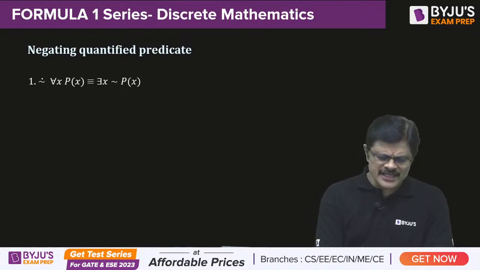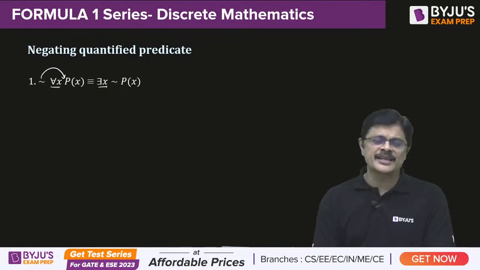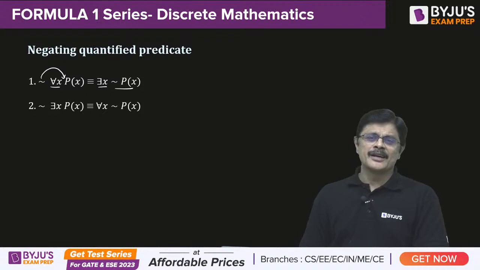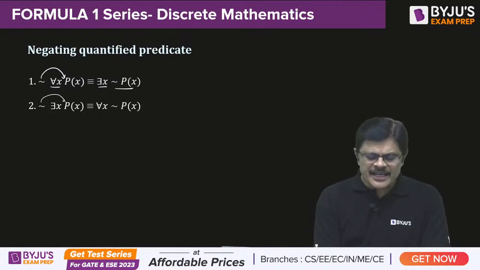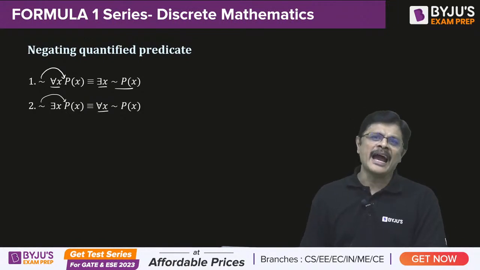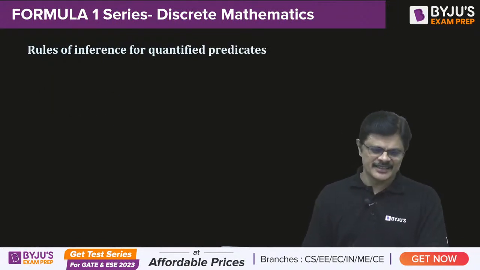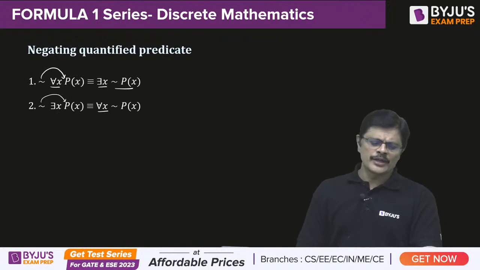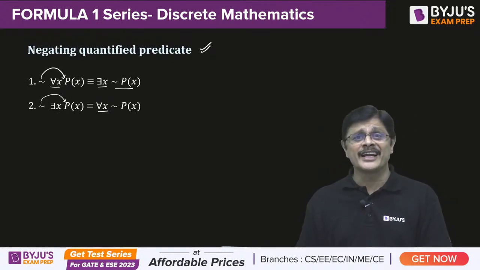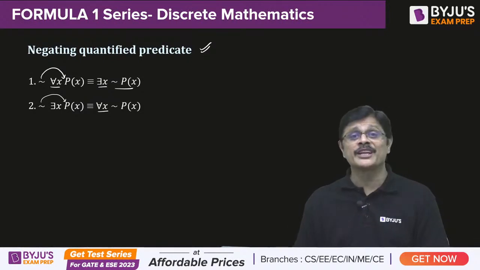If you observe this, when you want to take negation inside, for all changes to there exists, and the predicate is negated. Similarly, if you want to take negation inside, there exists x is converted to for all x, and the predicate is negated. That's it. Okay. So this is one of the important topics, and many GATE questions were asked on negating quantified predicates, my dear friends. One of the important concepts.